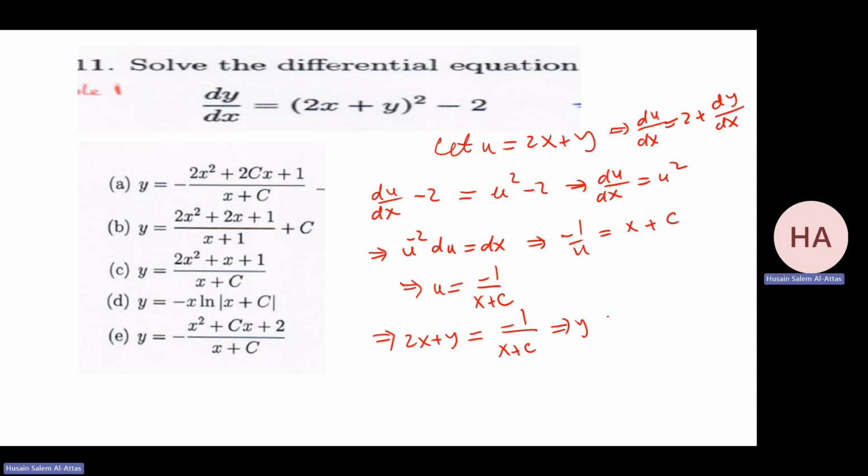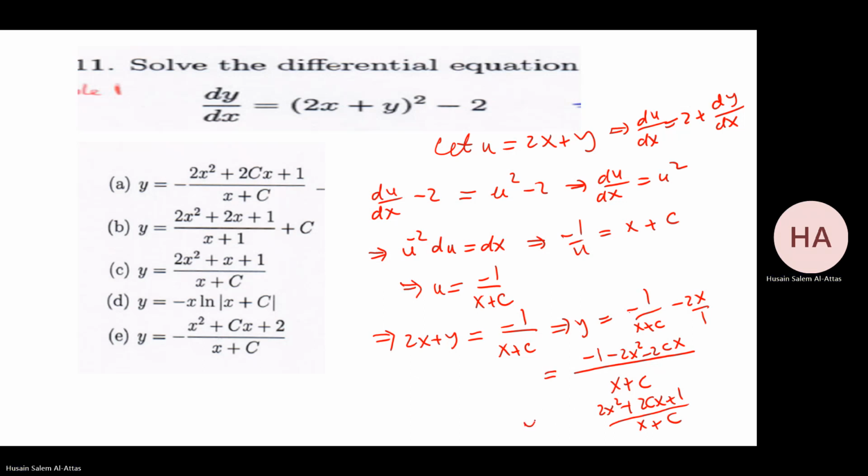That implies y = -1/(x + c) - x. That gives me, over x + c, -1 - x^2 - cx. Yeah, I can take the minus outside. That gives me -(x^2 + cx + 1)/(x + c). Don't forget the minus sign. And that's the way he wrote down the answer.